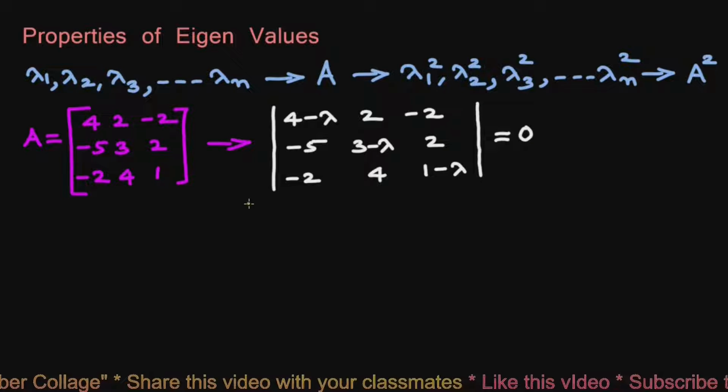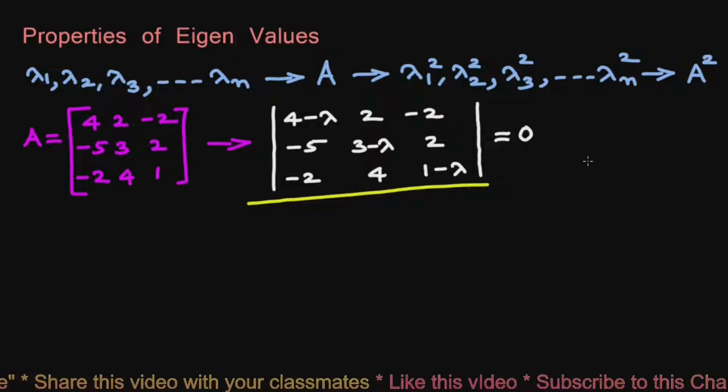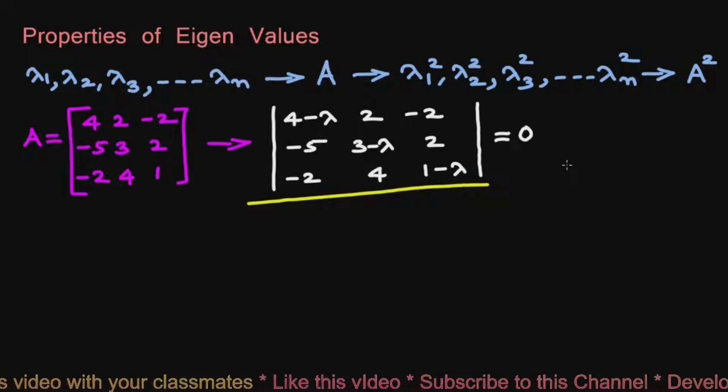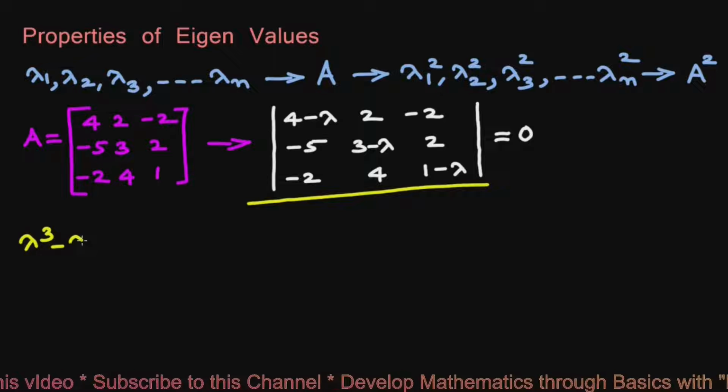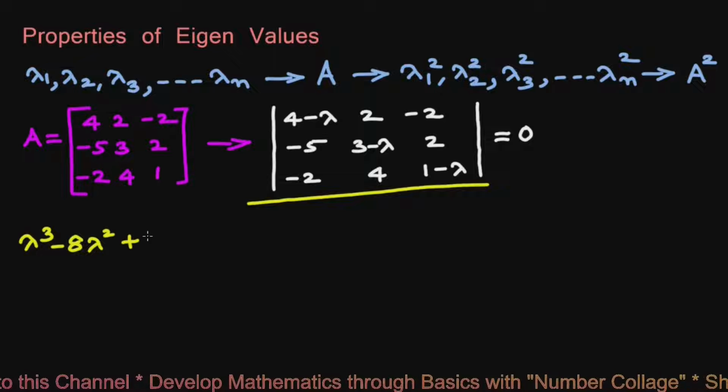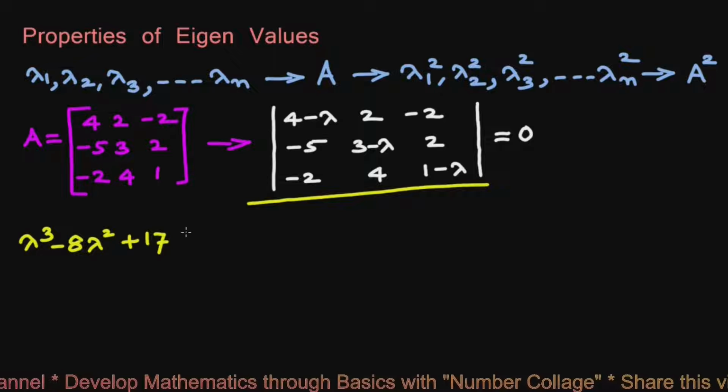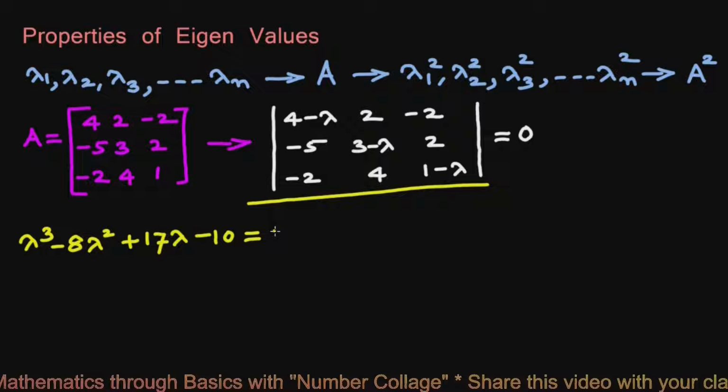After expanding this determinant and equating to 0, we will get a cubic polynomial equation lambda cube minus 8 lambda square plus 17 lambda minus 10 equals 0.